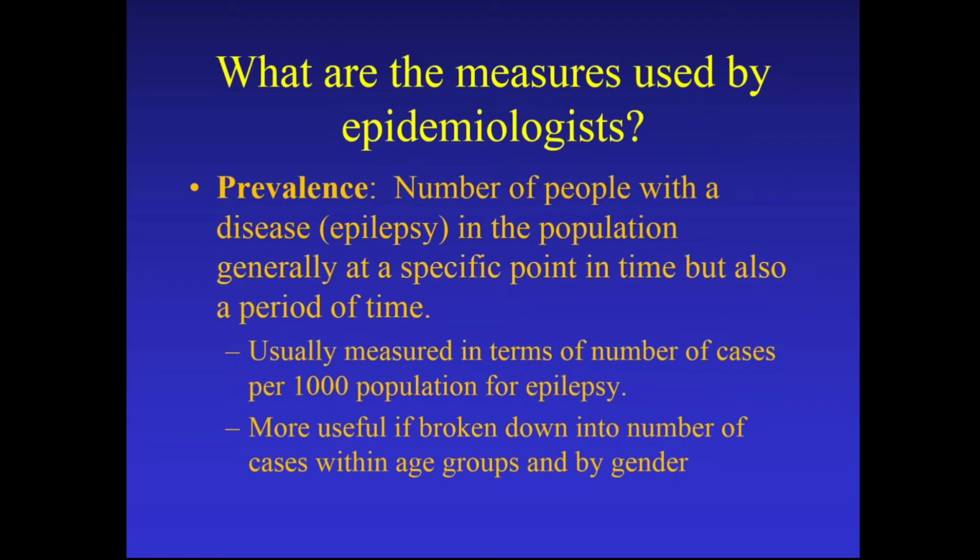It's usually measured in terms of number of cases per 1,000 population. It's more useful if it's broken down into number of cases within age groups and by gender. So a global prevalence number is of little use. More important is to have prevalence within age and gender and by other important demographic breakdowns for comparisons and adjustments.